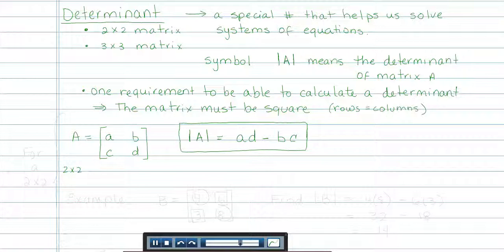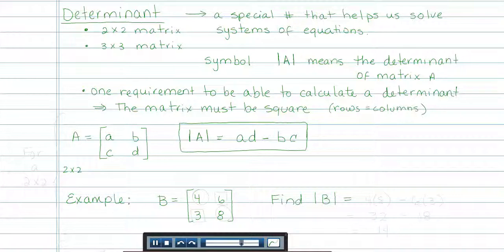So here's an example. Let's say you have matrix B, and matrix B has these numbers, 4, 6, 3, and 8. And I say, find the determinant of B. Well, this is A right here.